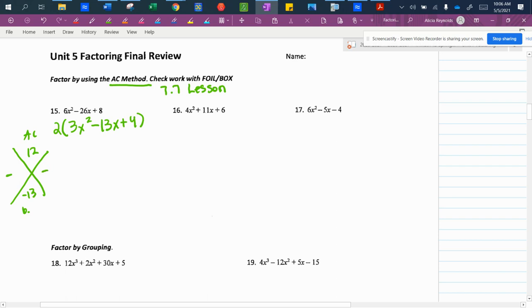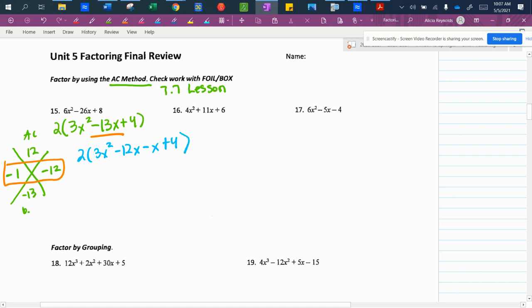The only two negative factors that will multiply to positive 12 and add to negative 13 are negative 1 and negative 12. So this is where I'm going to rewrite my middle term as this middle term split up into these two pieces. So I'm going to have 2 times 3x squared minus 12x minus x plus 4.